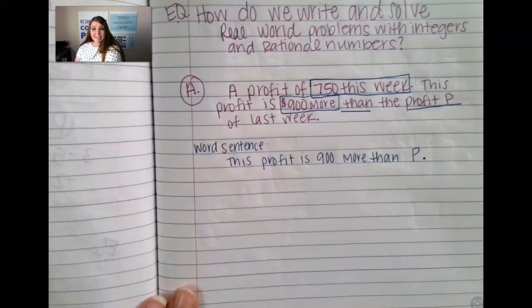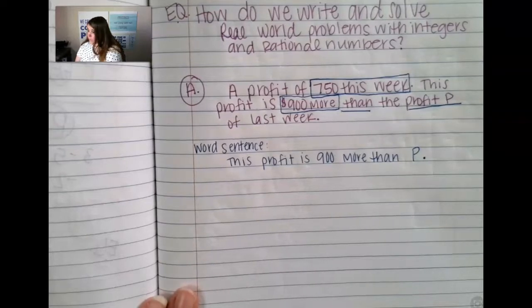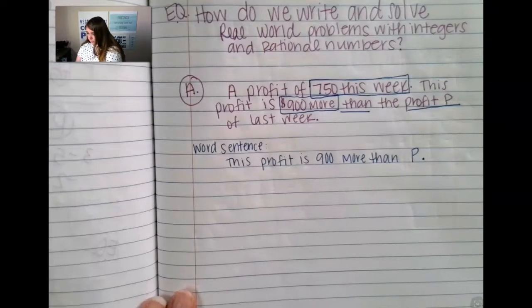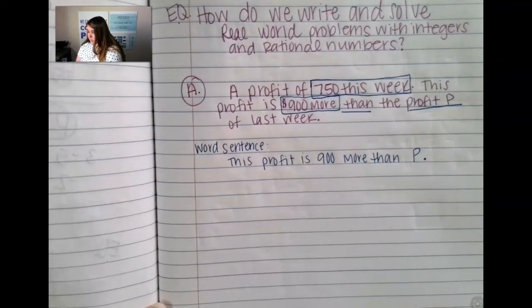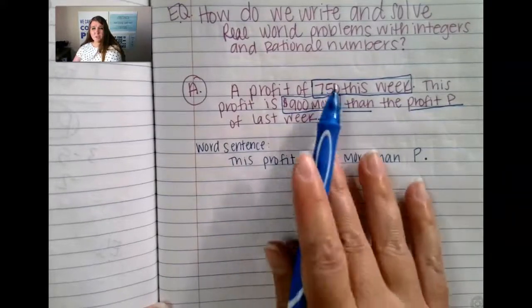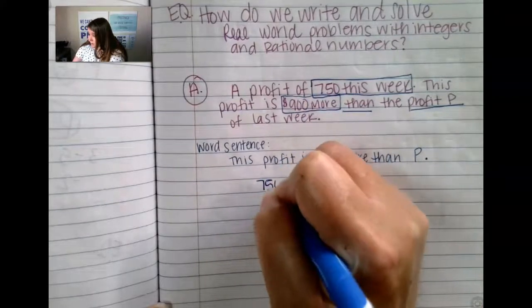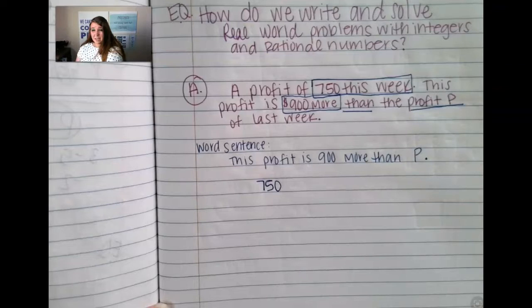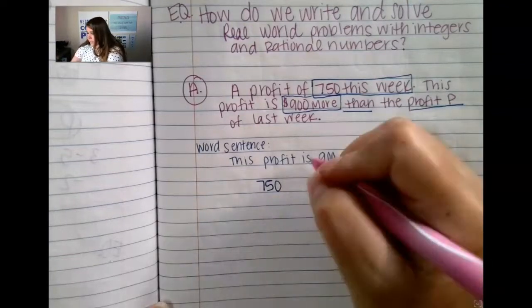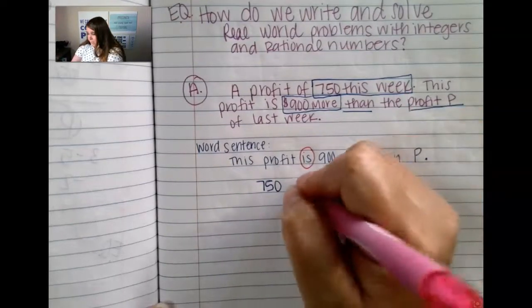Now we have a sentence. We can take this sentence and turn it into a math equation. What is this profit? This profit is referring to the 750. The $750 is, and our clue word is "is", another clue word that we learned last year that means equal to.